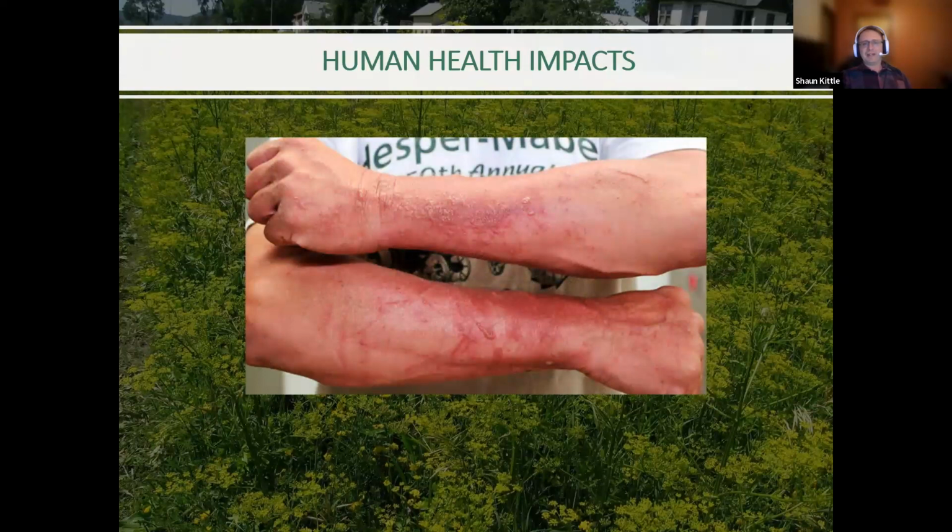And again, we have human health, and if you forgot, there is a good example of what that looks like. Not only do these species have negative impacts on roadways and affect things like the economy and workers being stretched thin, they can also affect human health. You might recognize the species in the background here. It's wild parsnip, and wild parsnip has a sap that, if it gets on your skin and is then exposed to sunlight, can cause severe blisters and burning, and it can leave really nasty scars.